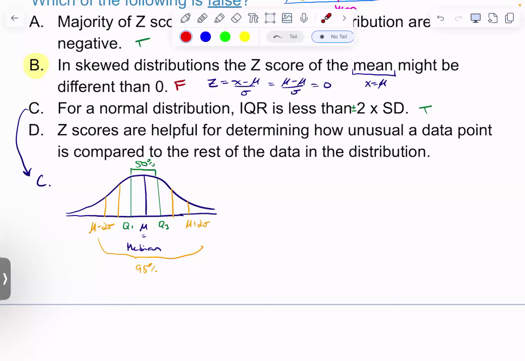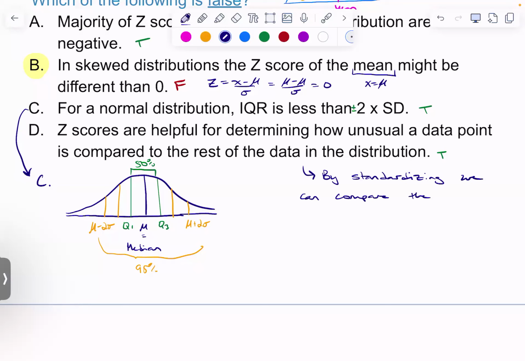Z-scores are helpful for determining how unusual a data point is compared to the rest of the data in the distribution. That's true. That's pretty much just a fact. By standardizing, we can compare the number of standard deviations an observation is from the mean.